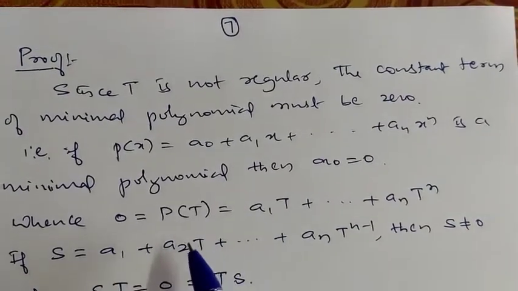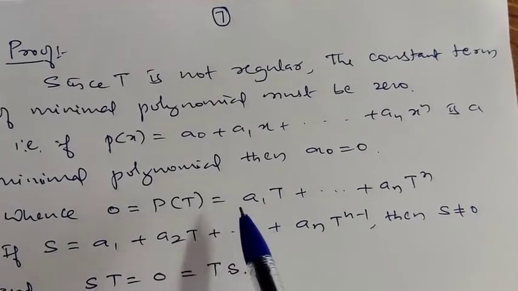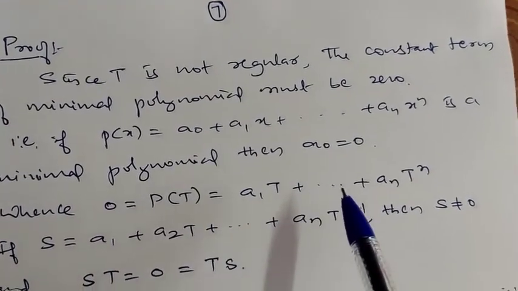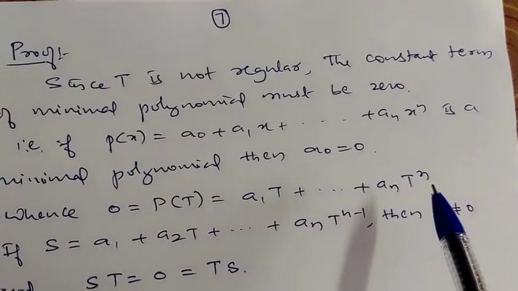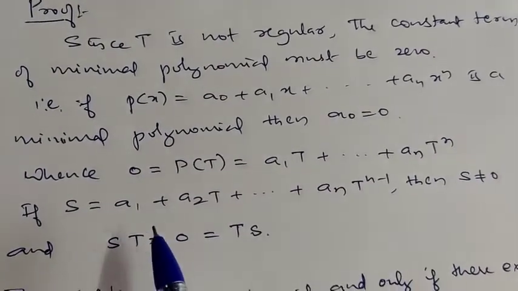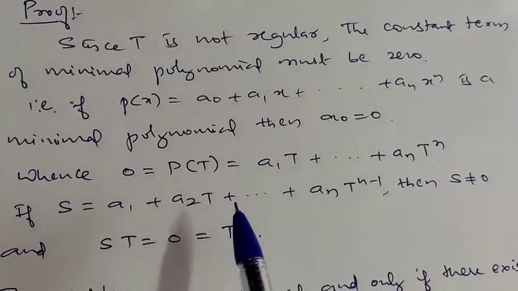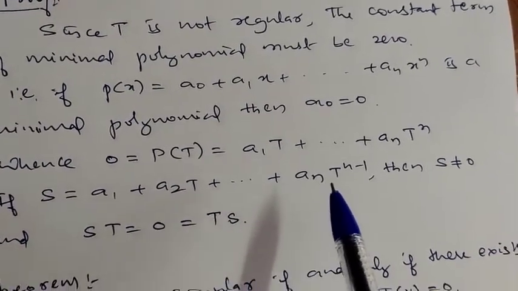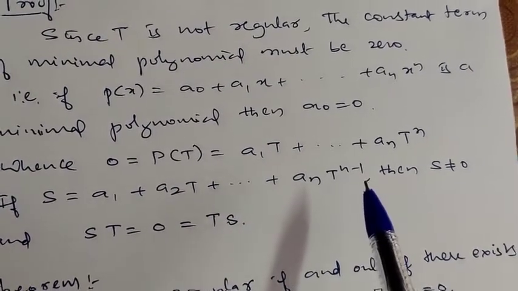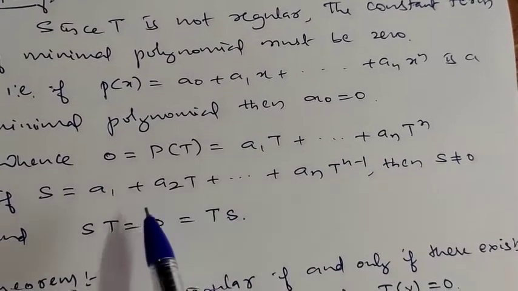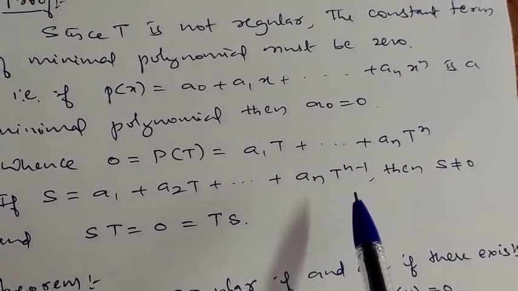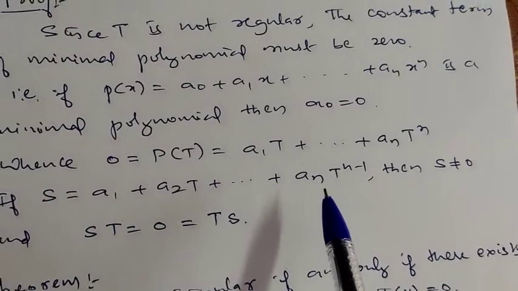Therefore 0 is equal to P of T, that is equal to a1t plus a2t square and so on an t power of n. Now I will put S equal to a1 plus a2t and so on an t power of n minus 1. Then S is definitely a non-zero transformation, because an is not equal to 0.